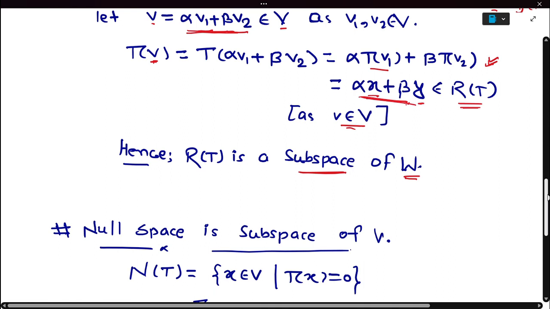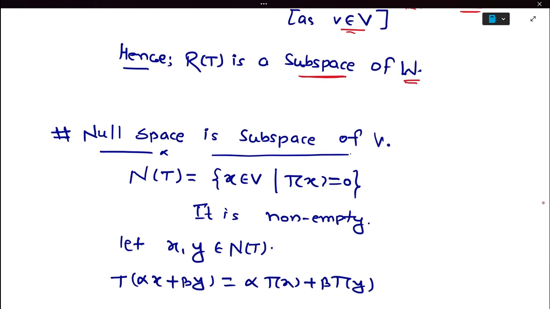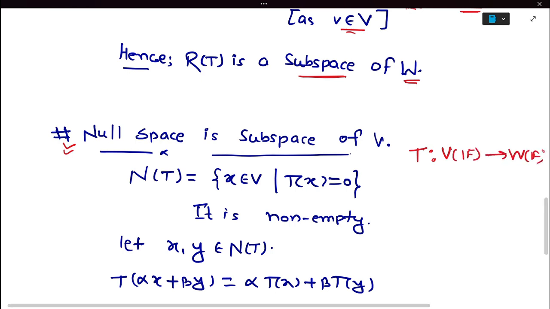Okay. Similarly, we will show that the null space is a subspace of V. So we have a linear transformation T from V(F) to W(F). Now think about the null space: it is all elements of V such that T of x is zero vector.